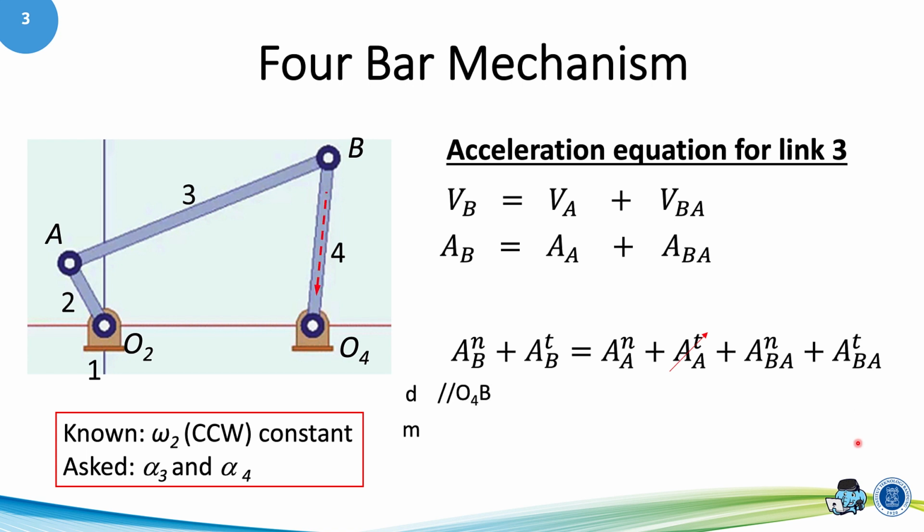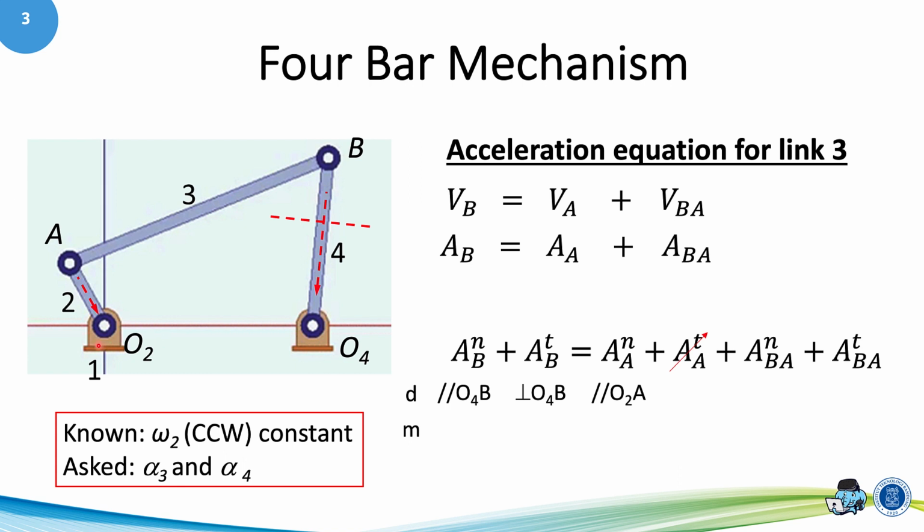AB normal, we know that the direction is parallel to O4B and goes to the joint O4 because O4 here is the center of the rotation of link number 4. And AB tangential is perpendicular to O4B. AA normal is parallel to O2A because in link number 2, O2 is the center of the rotation.